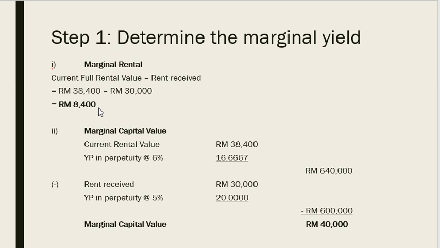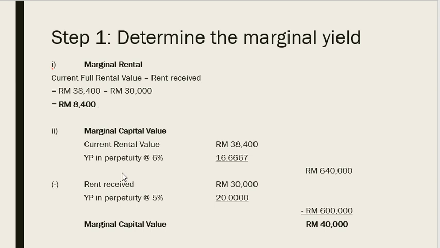Now we need to calculate the marginal yield. For the marginal capital value, the first thing you have to remember is that we are going to calculate the margin of the capital value, the highest minus the lowest.